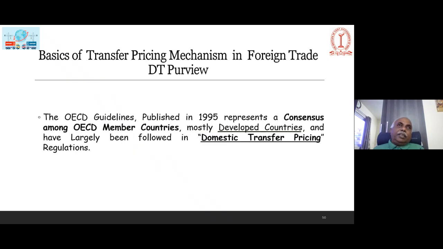OECD guidelines published in 1995 represent consensus among the OECD members, mostly developed countries, and largely mirror domestic transfer pricing regulations. Transfer pricing is not only between two countries, even within a country also. Some states have zero taxes.